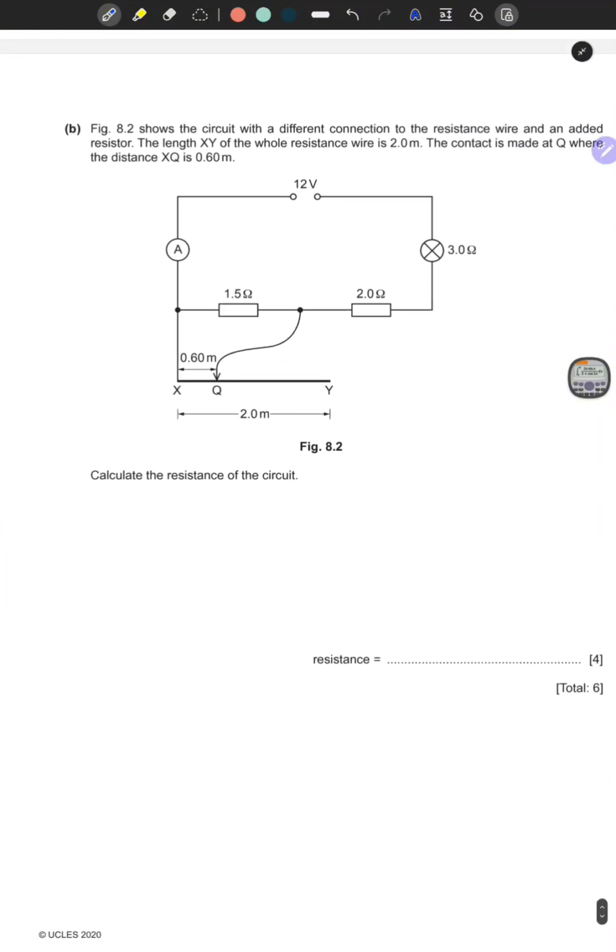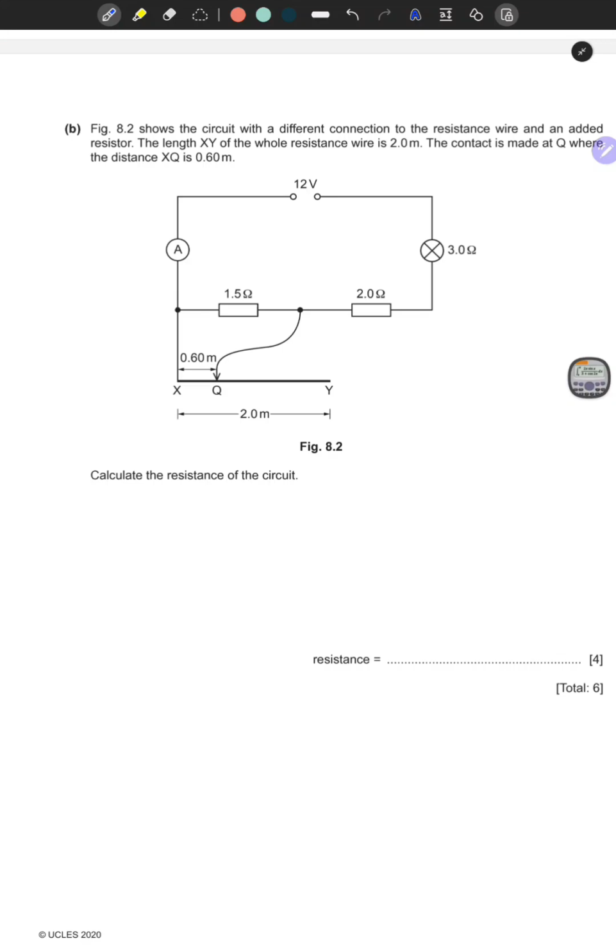Okay, part B, figure 8.2 shows the circuit with a different connection to the resistance wire and an added resistor. The length XY of the whole resistance wire is 2 meters. The contact is made at Q, where the distance XQ is 0.60 meters.